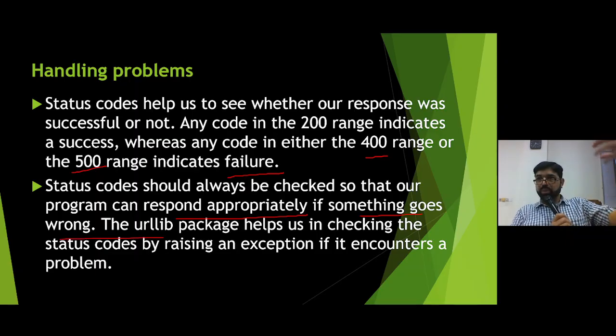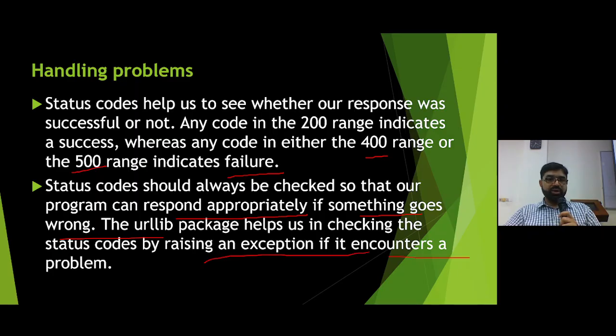If you are writing a Python program which is interactive, maybe an API, and the status code is not checked, then how will your program know whether everything is going fine or not? If you get a response with a specific code, how do you respond? Otherwise, your program will crash, right? That's why it is very important.